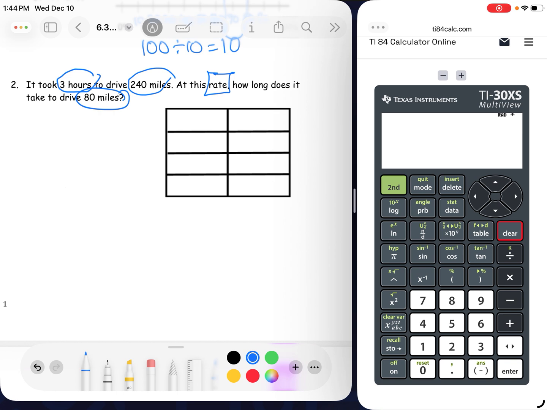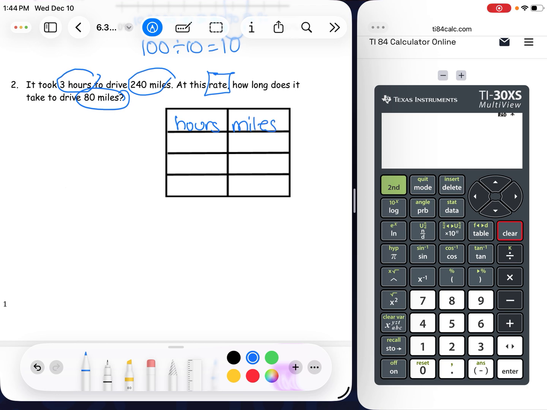All right, what are our two categories? Hours and miles. 3 hours takes 240 miles. All right, at this rate, how long does it take to drive 80 miles?